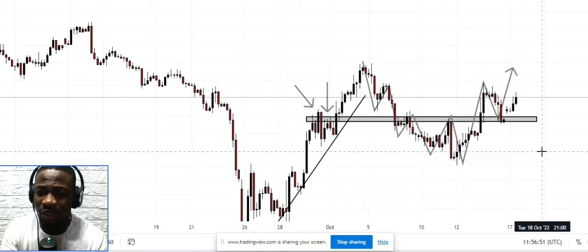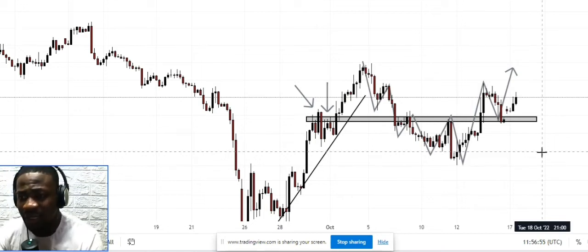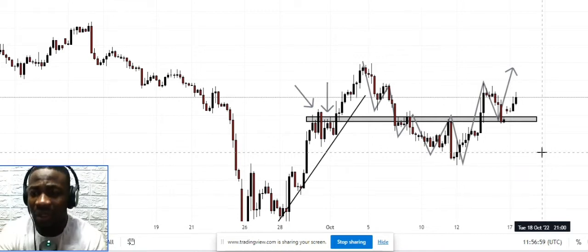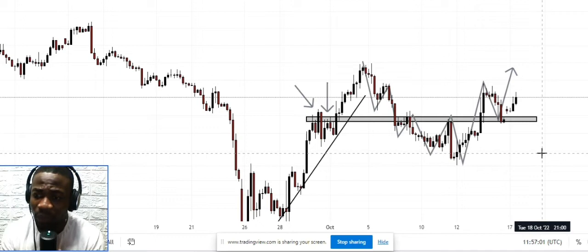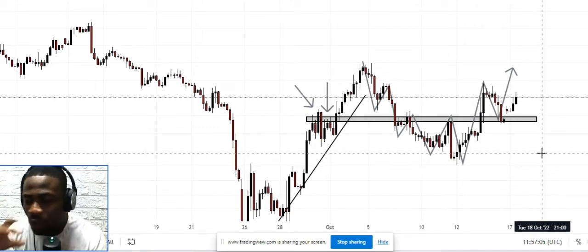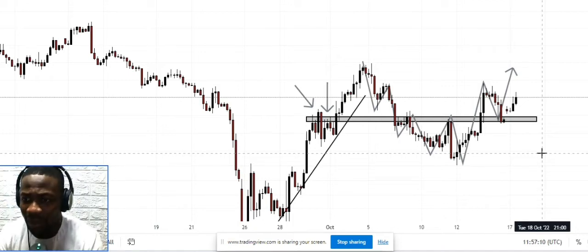All those strategies have their own win rates. The goal is not to find the holy grail. The goal is just to find the one strategy that you're going to stick to through thick and thin, whether the strategy is going through a rough patch or not. You must stick to the strategy no matter what.